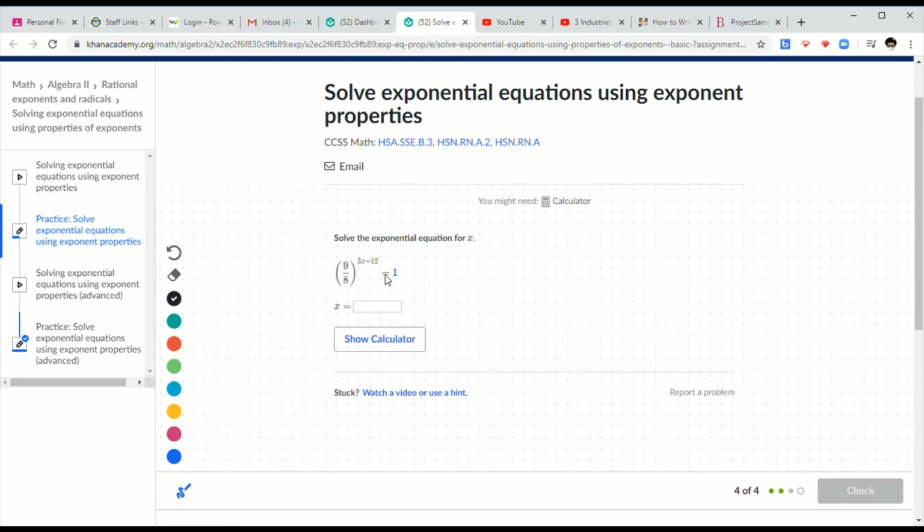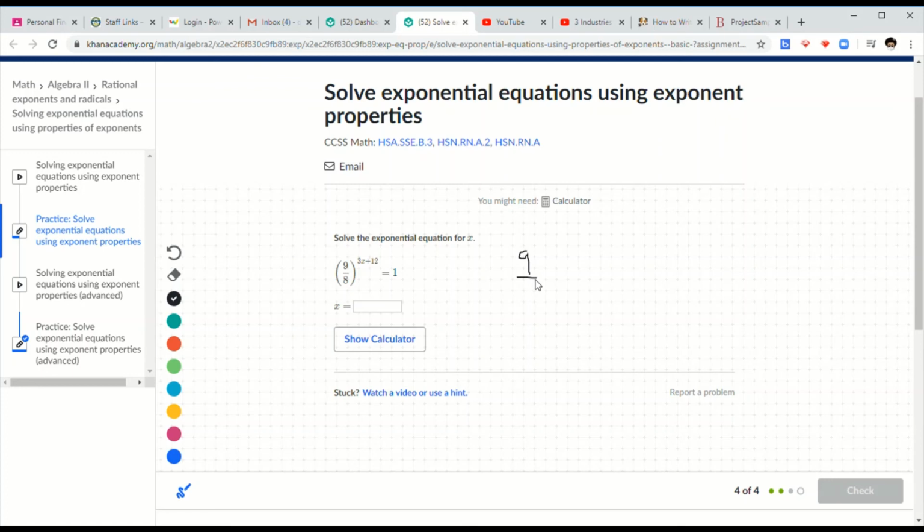So we have to figure out how to get these bases the same. And there is a magical number that when it's in the exponent, it will give you an answer of 1 every single time. That answer is 0.